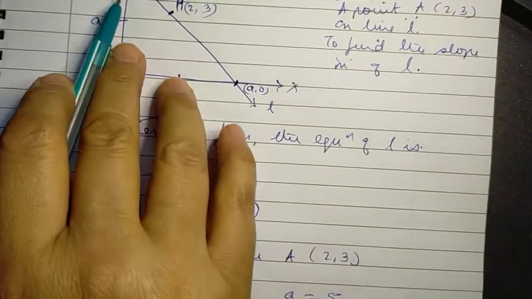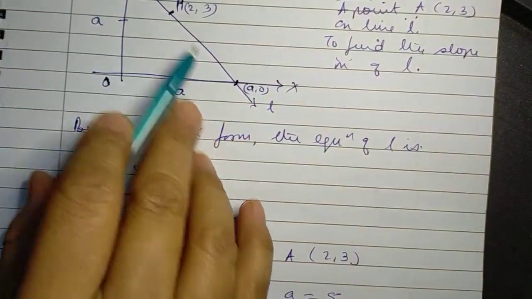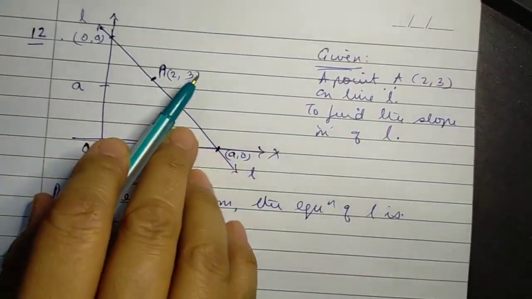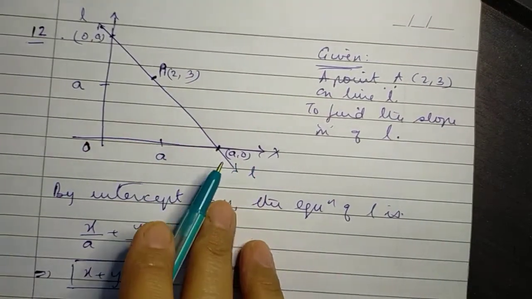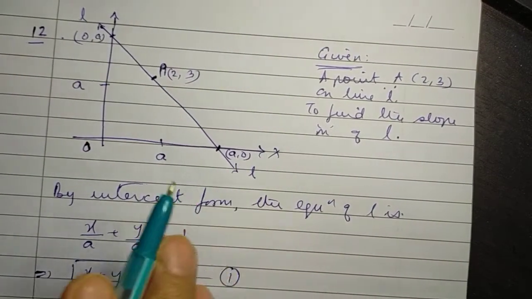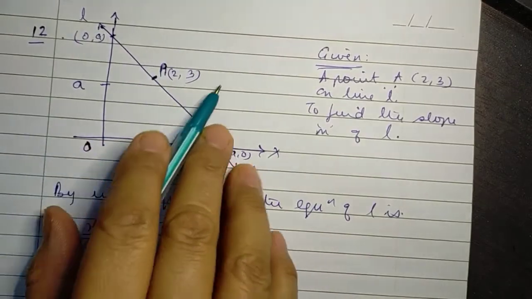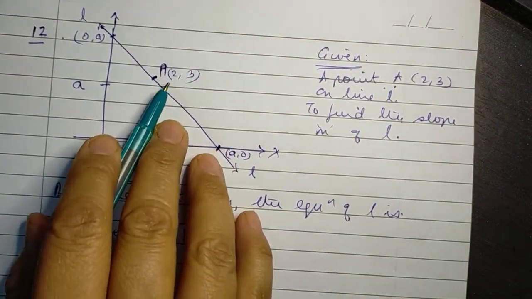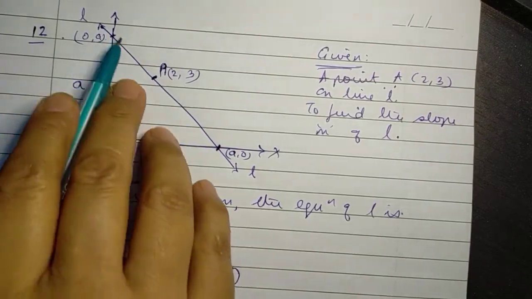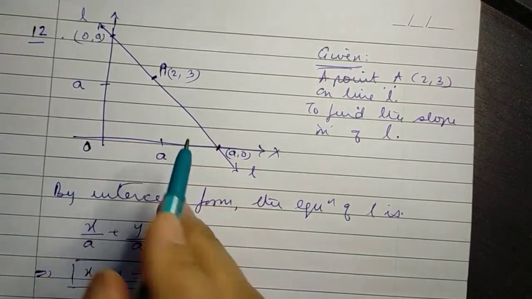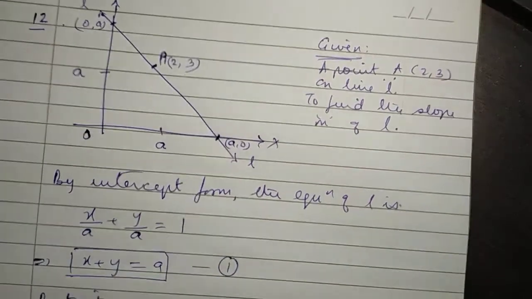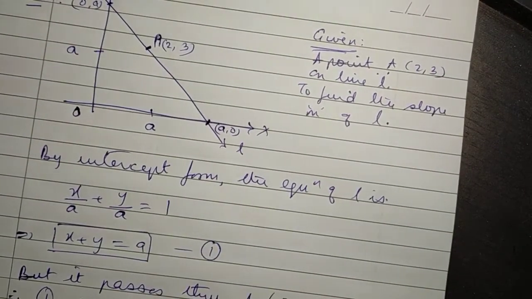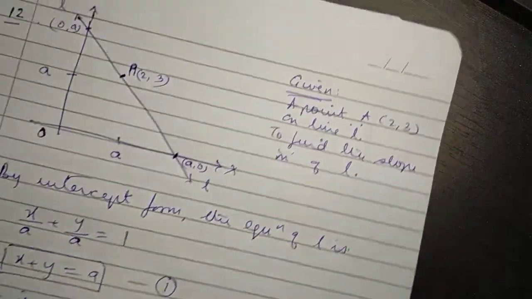Now simply using these two coordinates you find the slope of the line, and we already have a point lying on this line. Using this point and any one of these points, you can find the slope of the line, and using the point slope form you get the required equation. So that way also you can do the question.